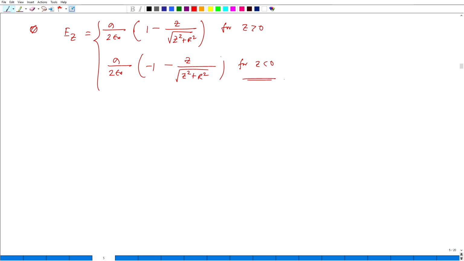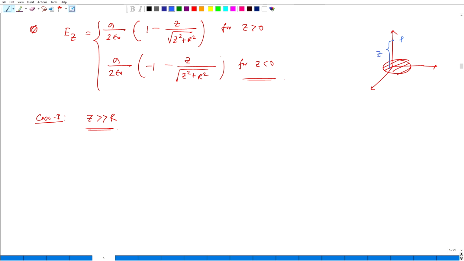So, today we will consider some limiting cases. Case 1: we consider the distance z is very much greater than r. Let me quickly draw a diagram. This one is the charged disc, and the point P we consider is at distance z.